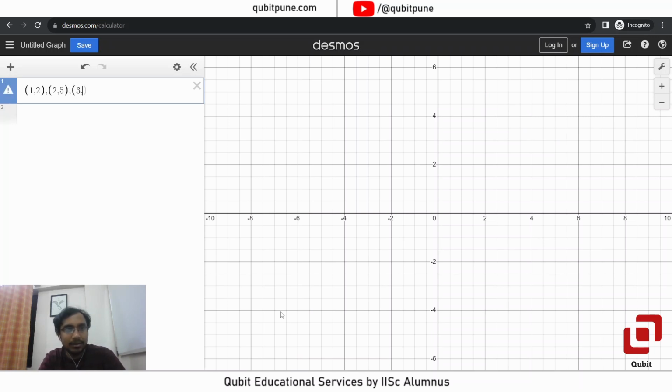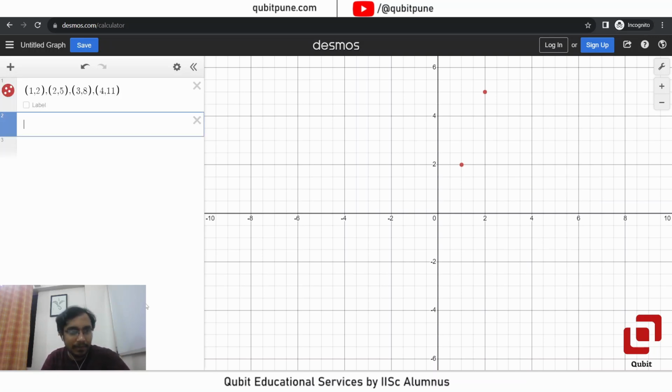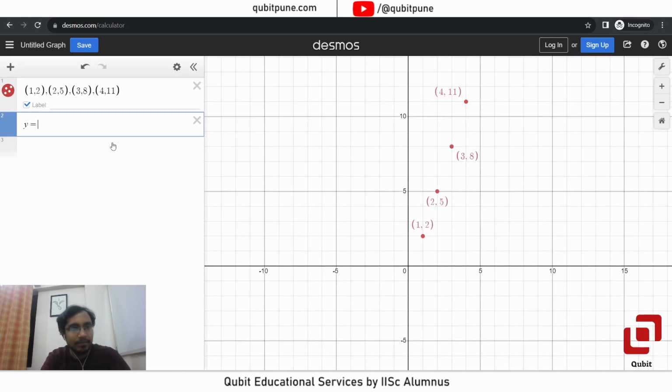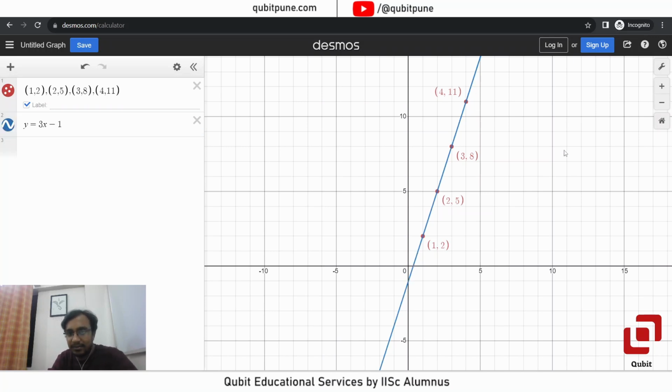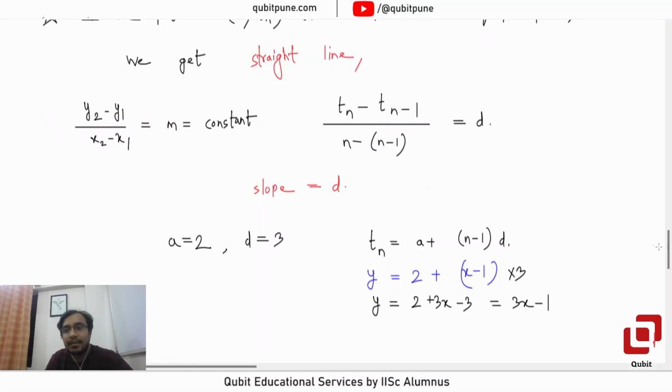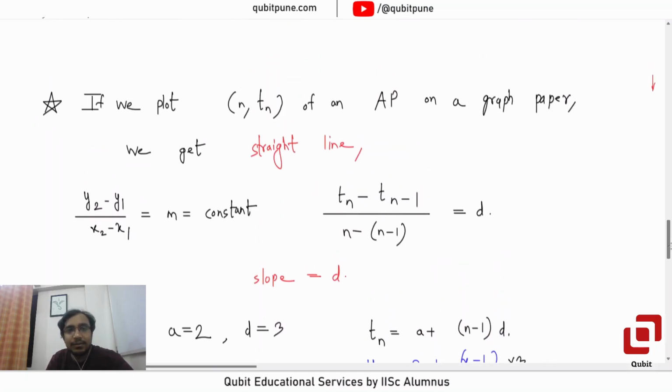Third term is 5 plus 3, 8. Fourth term is 11, and so on. Let's see the line 3x minus 1. See, that line passes through all the 4 points. So the graph of an AP will always give us collinear points.